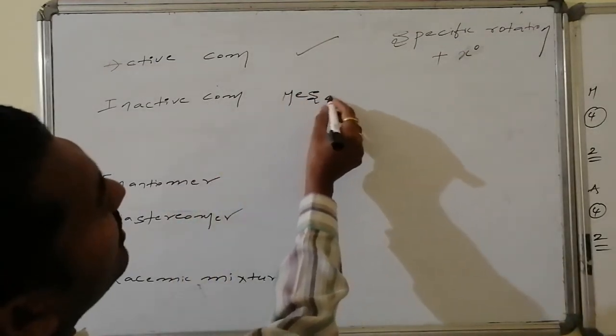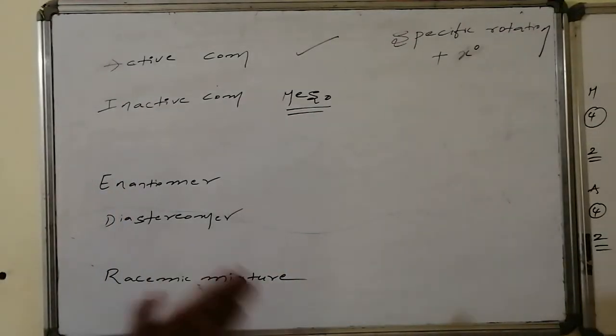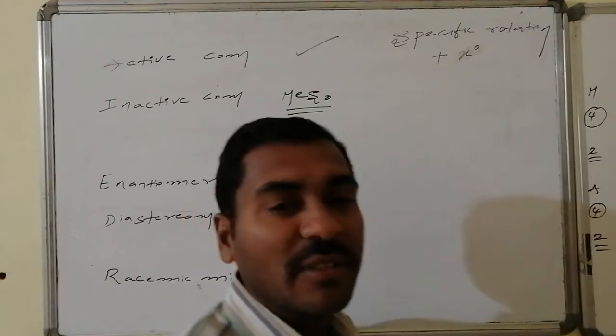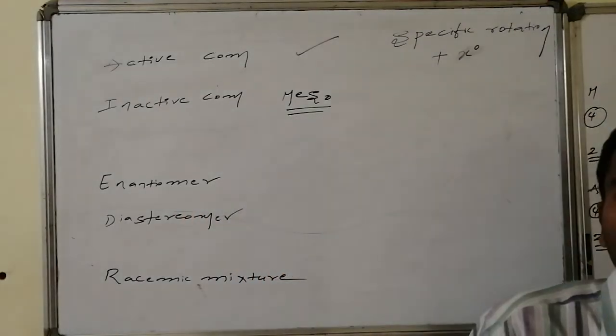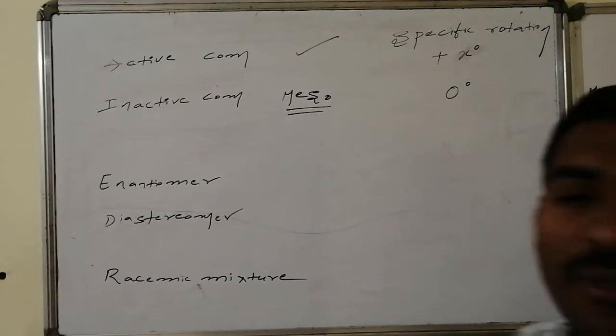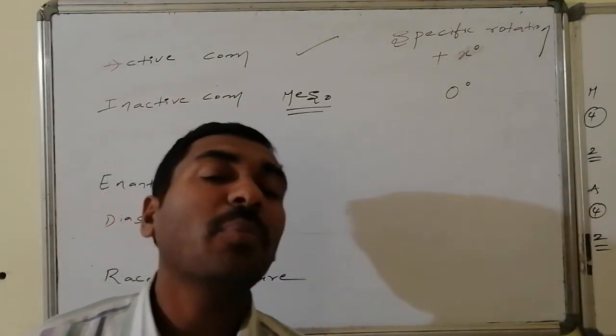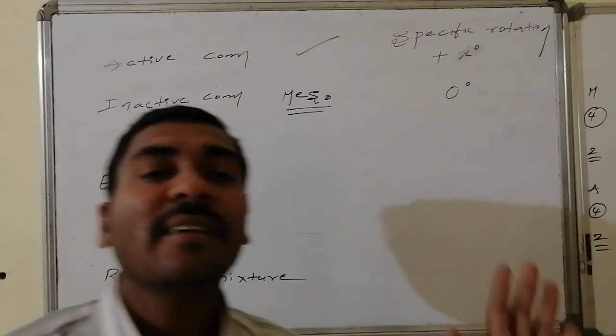A meso compound is optically inactive, so its rotational value is 0, hence its specific rotation is also 0 degrees. Every compound with 0 degrees specific rotation is known as an optically inactive compound.